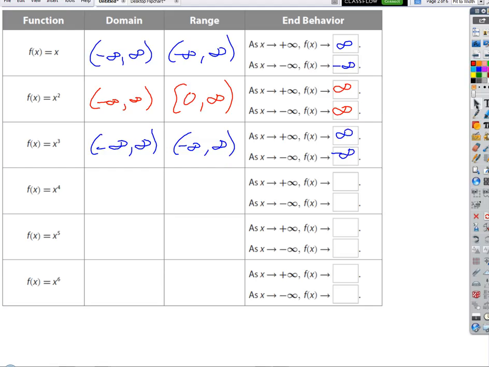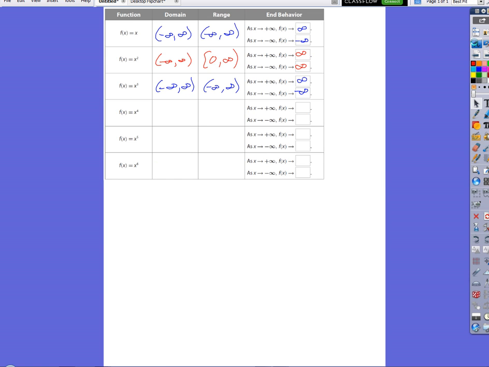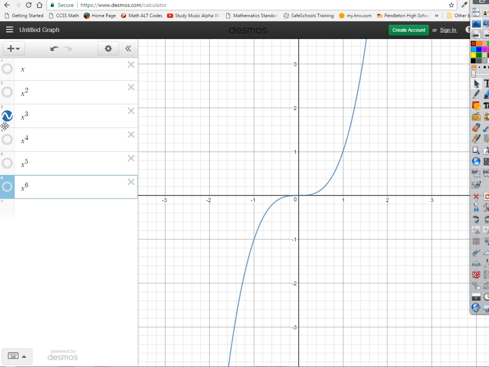Okay. We want to make a prediction about x to the fourth. It's going to be the same as x to the second. Let's check that out. Okay, notice that what we just said a second ago, that x and x cubed looked pretty similar, didn't they? Same basic behavior.